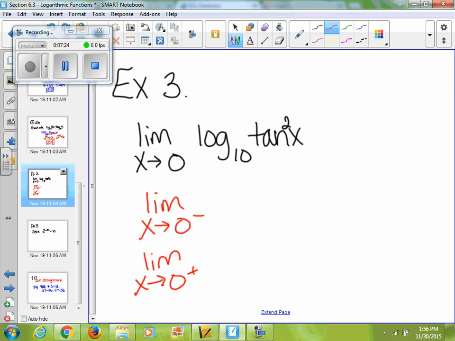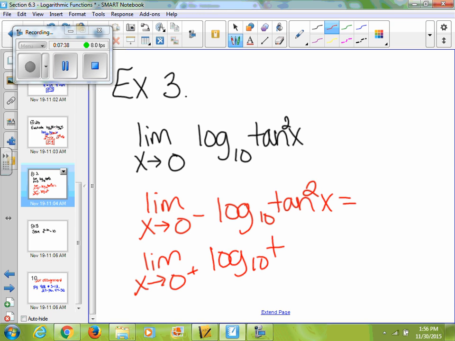Remember that our limit as x approaches 0 can only be done from the positive side, so from the right. So the limit as x approaches 0 from the negative gives us our first limit, and the limit from the positive side gives us our second limit. Since we're going from the positive and the negative, we're covering both sides of 0, so it's okay to split it up into 2 separate limits.